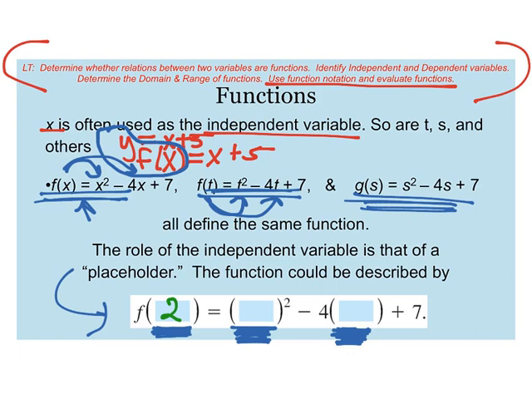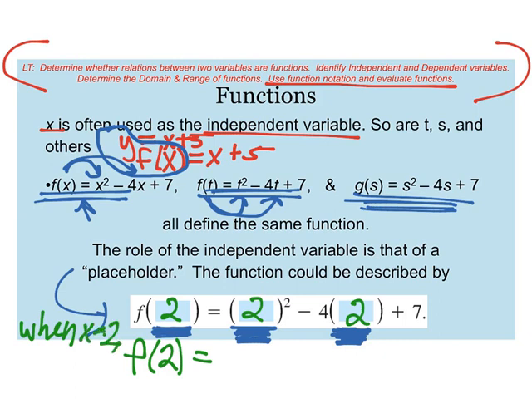The function when x equals 2 is 2 squared minus 4 times 2 plus 7. And then you would simplify that, and that would tell you what f of 2 is. Meaning, or written out in words, when x equals 2, the y value equals blank, or the function when x is 2 equals blank. And so that's all that we're going to really focus on for today's lesson.